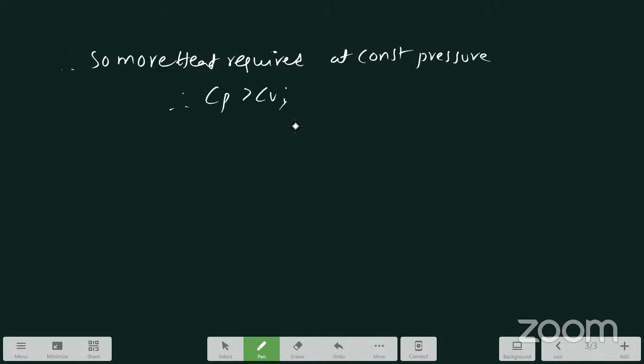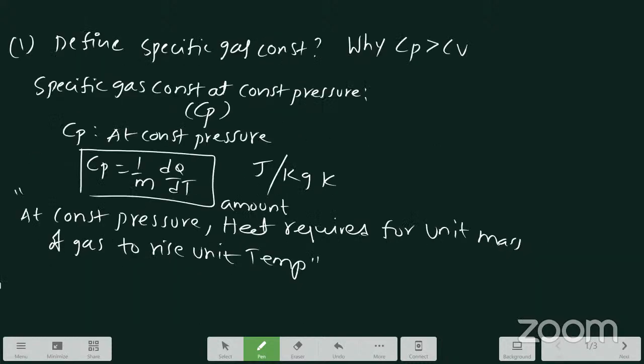Is it clear, student? Now listen carefully. This is the question from thermodynamics: Define specific gas constant. Why is Cp greater than Cv?